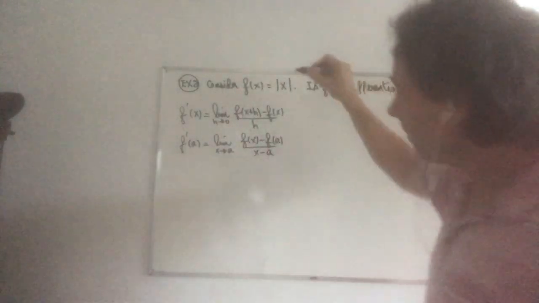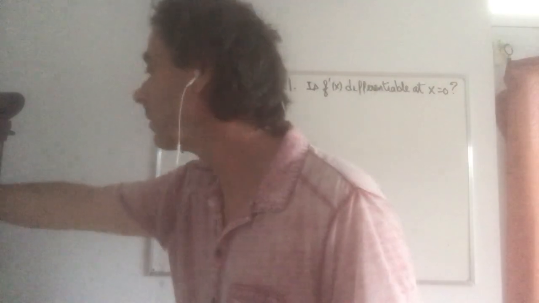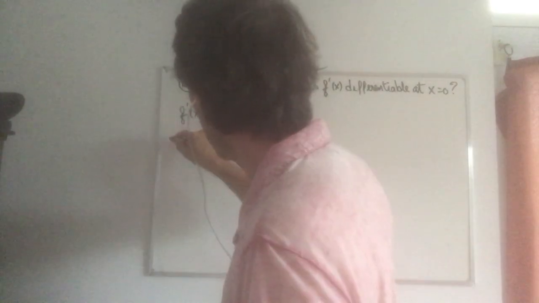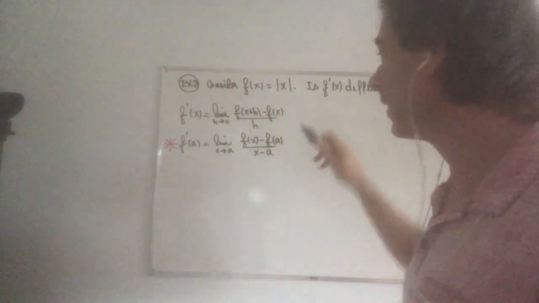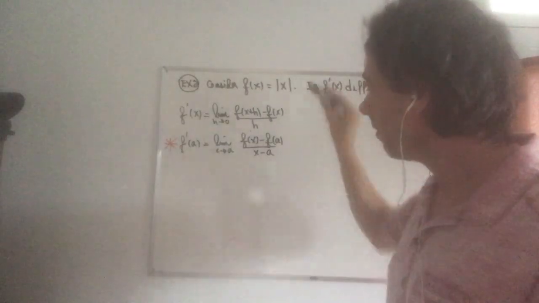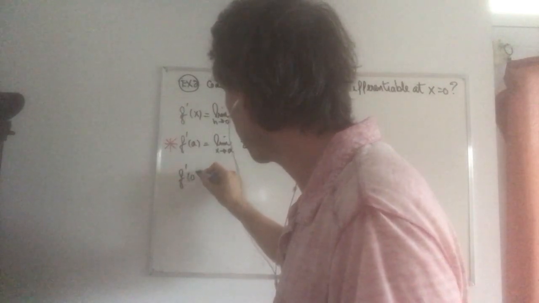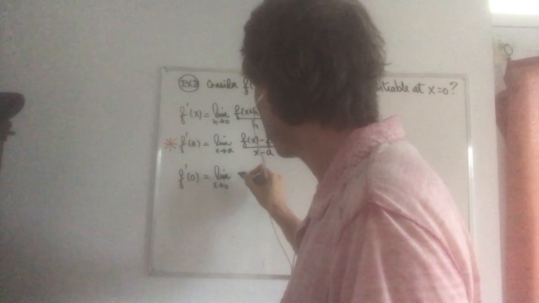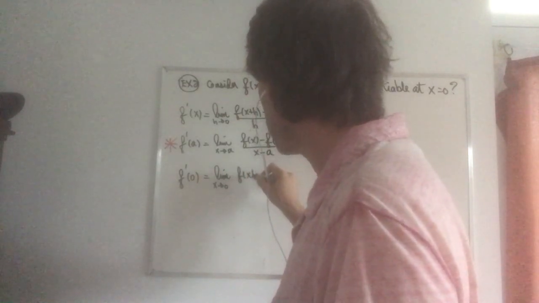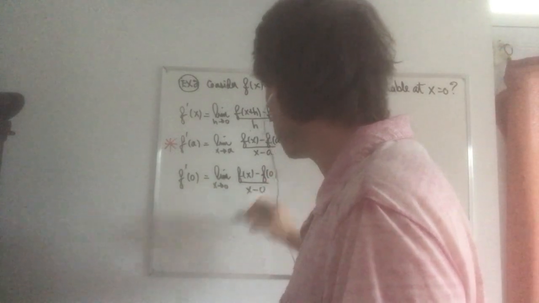For this function, it's going to be slightly more convenient to use the second one. So I'm going to use this one instead of the first one, exceptionally. Usually I like the first one a lot, but for this example I'm going to use that one. So f prime of 0 is going to be the limit as x approaches 0 of f of x minus f of 0 over x minus 0.